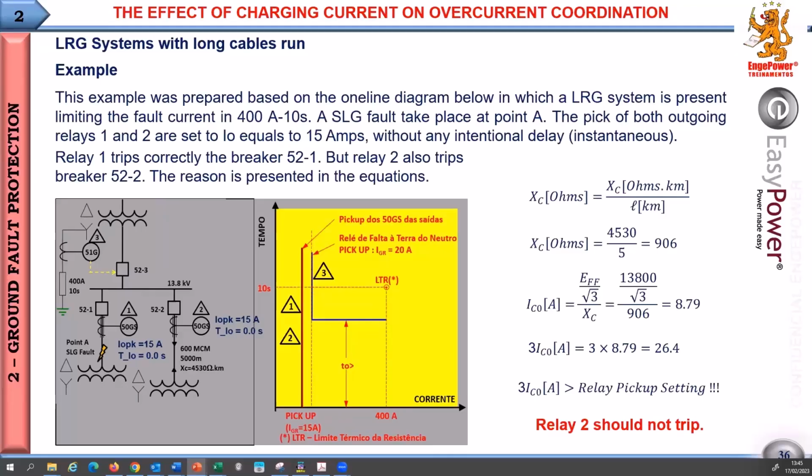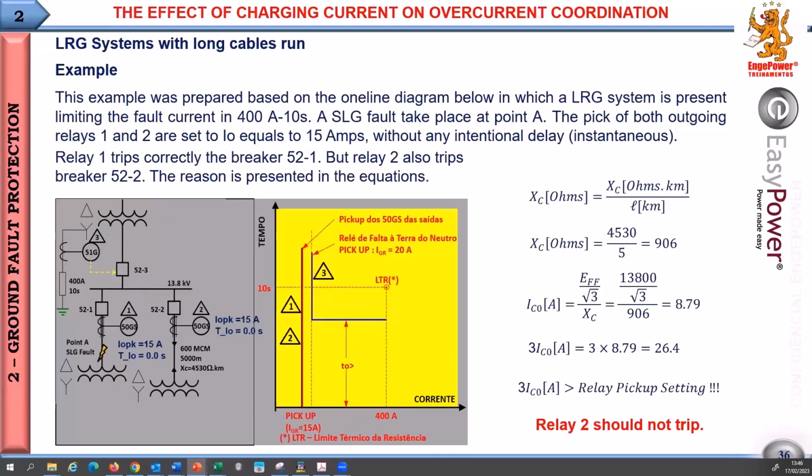Okay, how did we calculate the XC? Since here it is ohms times kilometer, we have to divide by the kilometer. Why is this cable run so long? Because here is an effluent treatment plant that normally is distant from the switchgear.